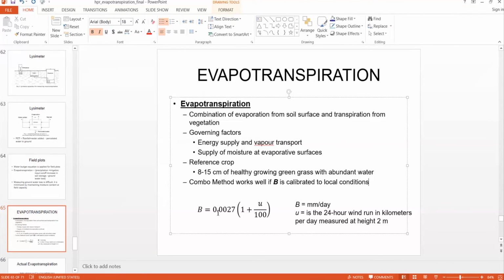B is just a function of wind velocity. B is equal to 0.0027 times (1 plus U by 100), where B's units are millimeter per day, and U is wind speed in kilometer per day. So we can use this formula for B and use the combined method to calculate evapotranspiration.